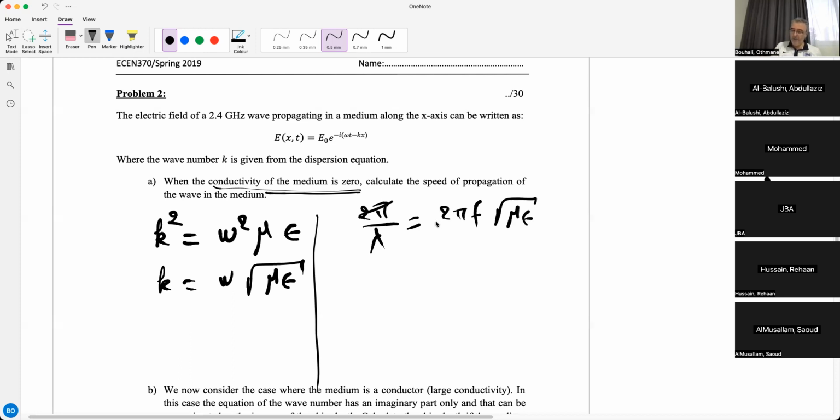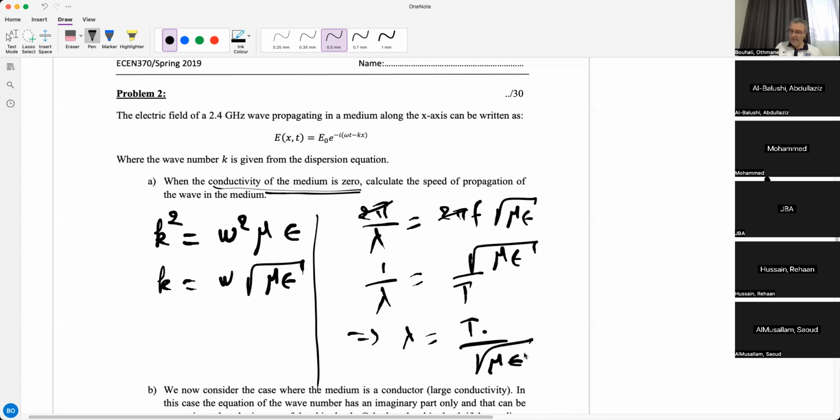So it goes 1 over lambda, and the frequency is 1 over T, times the square root of mu epsilon. This means that lambda divided by T is the speed of the wave in this medium. So the speed of the wave is equal to 1 over the square root of mu epsilon, and mu and epsilon have been given.